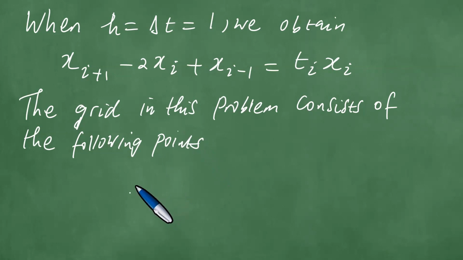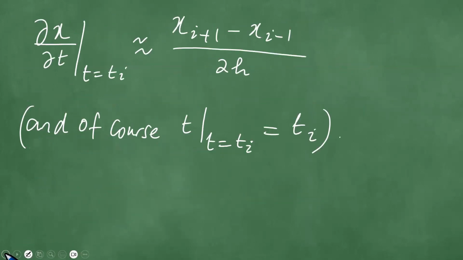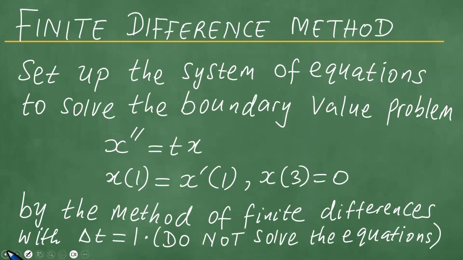Obviously we have to look at the interval because this is a boundary value problem. We have x of 1, which is x primed of 1, and then we have x of 3.